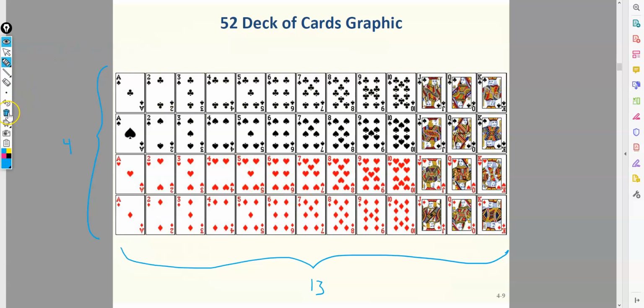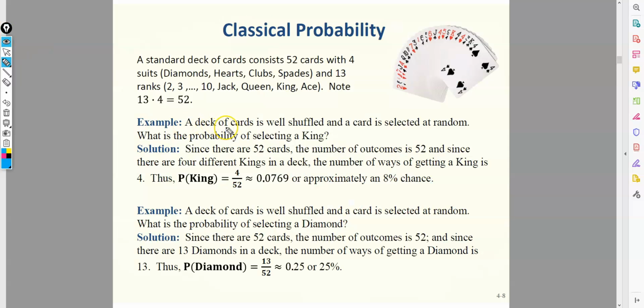Now, going back to our example, for our first problem, we assume that we have a well-shuffled deck of cards and we select one card at random. What is the probability of selecting a king? That's what we want to calculate. Well, there are 52 cards in the deck, and each card has an equal likelihood of being drawn. So the size of our sample space is 52, and the number of kings in the deck is 4.